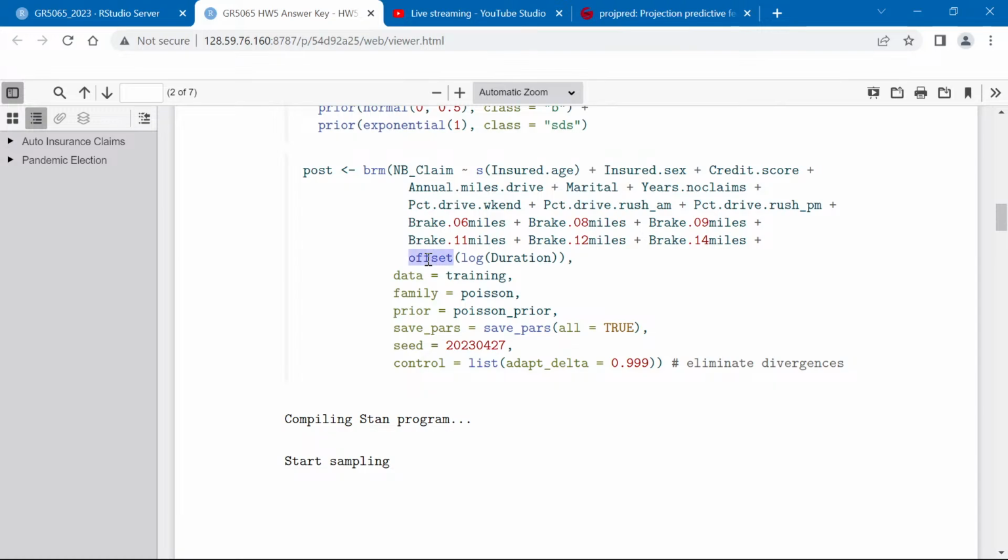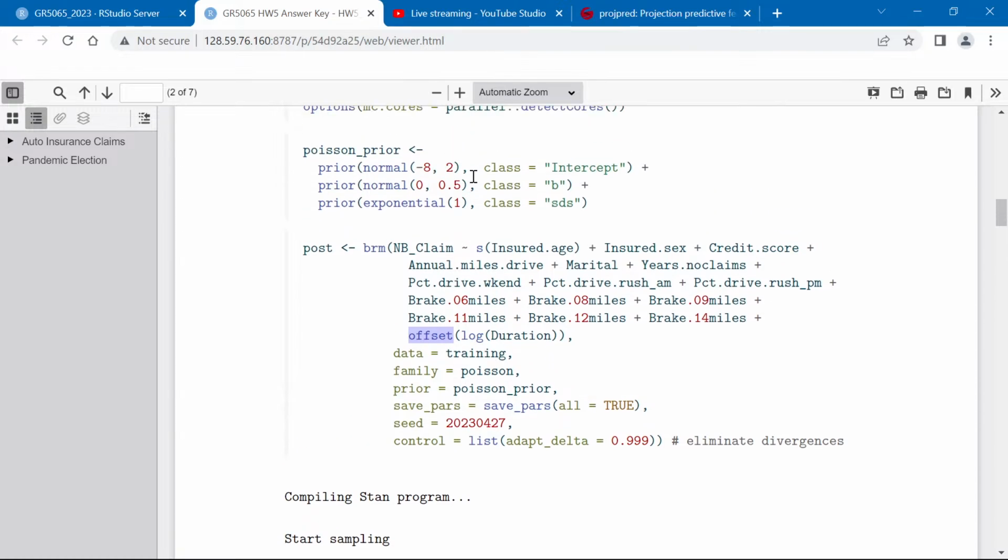It could also be useful to include an offset in the model for the number of time periods that the person was insured, so that we can interpret this as the number of auto insurance claims per year rather than total number of auto insurance claims, without regard to how many years you've been driving.